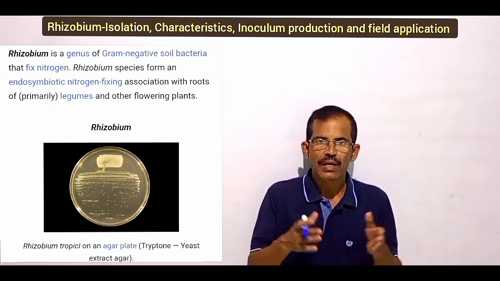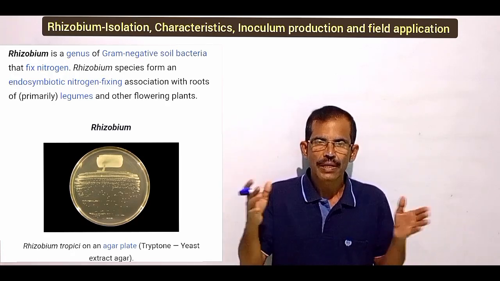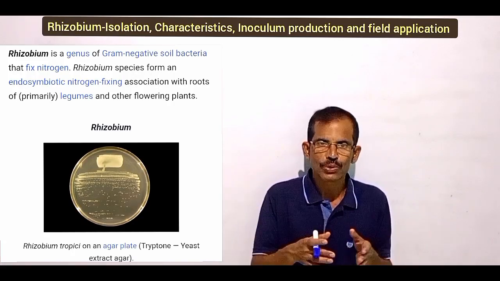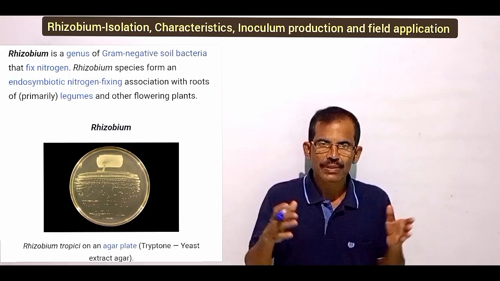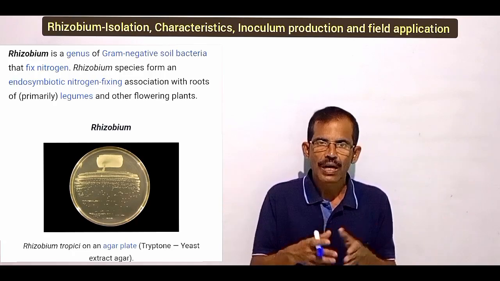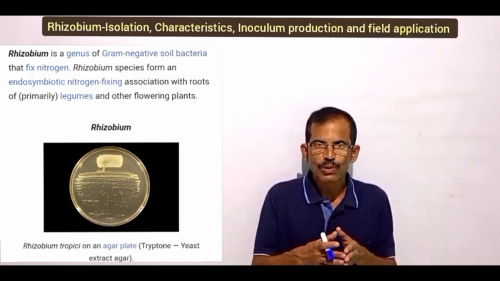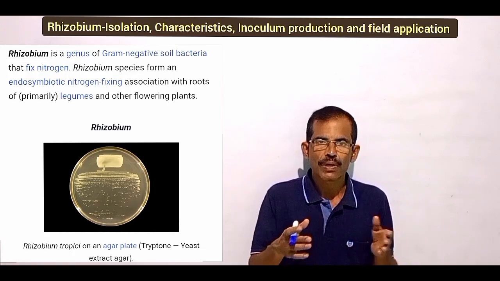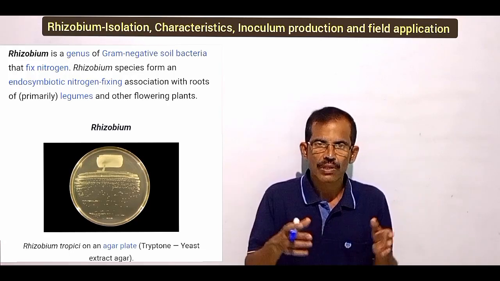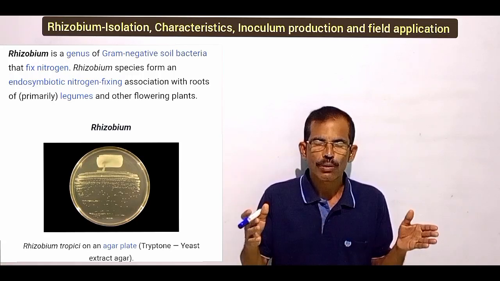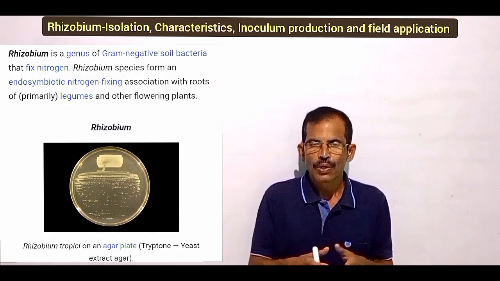These bacteria infect plant roots and induce the formation of root nodules in which nitrogen fixation takes place with the help of enzyme nitrogenase. By nitrogen fixation, atmospheric nitrogen is converted into ammonia, which is easily absorbed by plant roots.